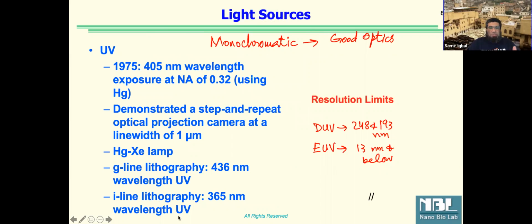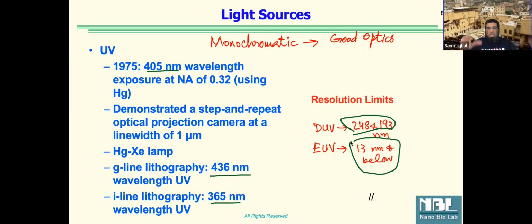This data shows that starting from 1975, the wavelengths went 405 nanometer, 436, 365, and then we are at 248 and 193 nanometer, right? So we can keep on pushing the wavelength down, and this can keep on making our feature size smaller.